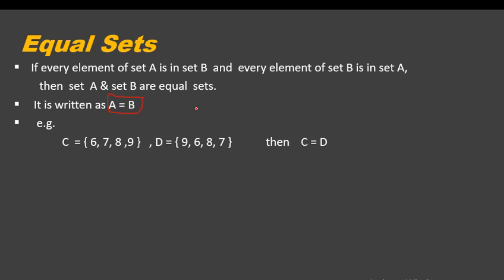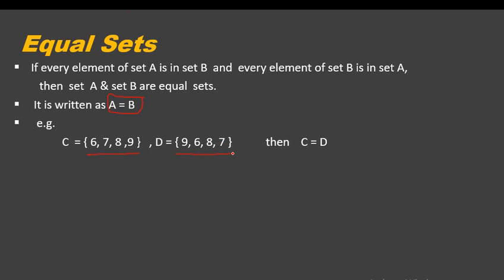Suppose set C has 4 elements, 6, 7, 8 and 9. And D has elements 9, 6, 8 and 7. So there are 4 elements in set C, and D also has 4 elements.